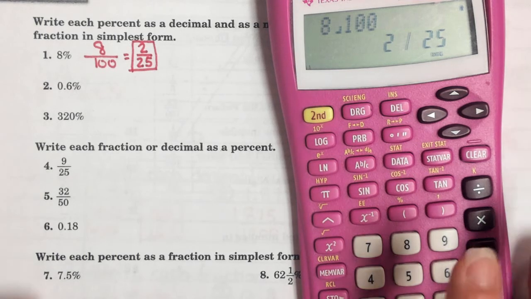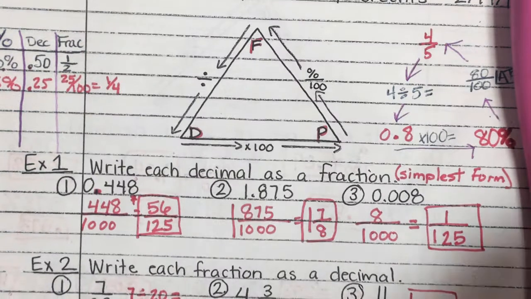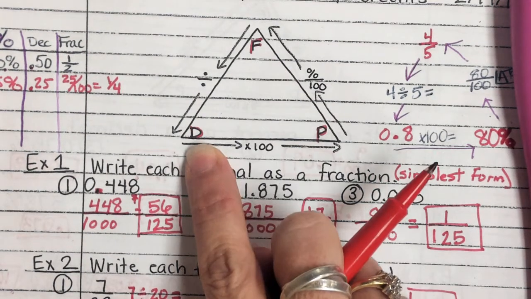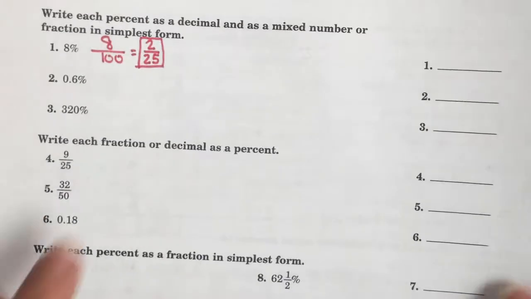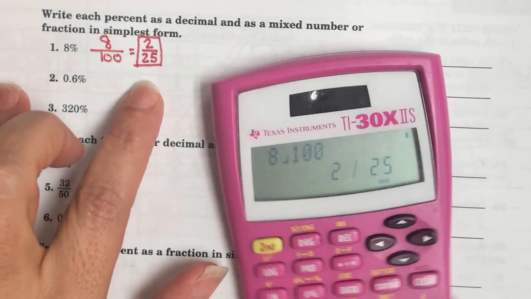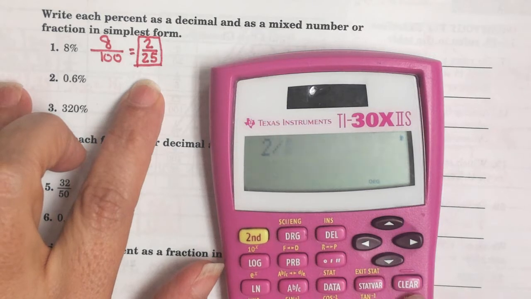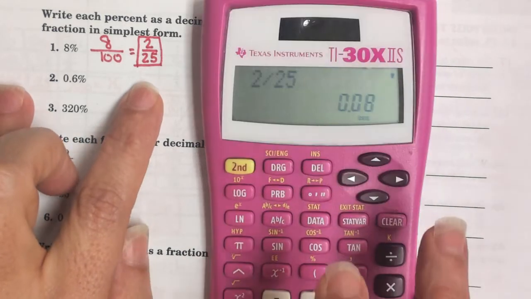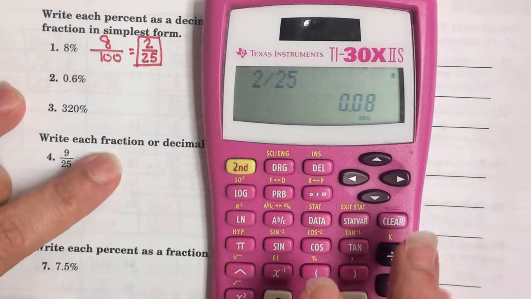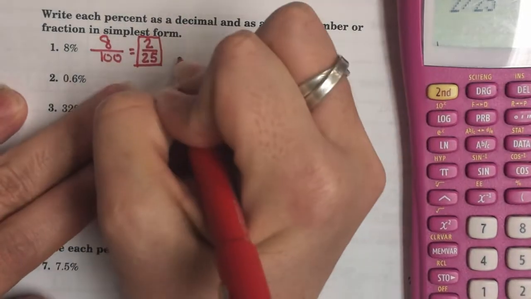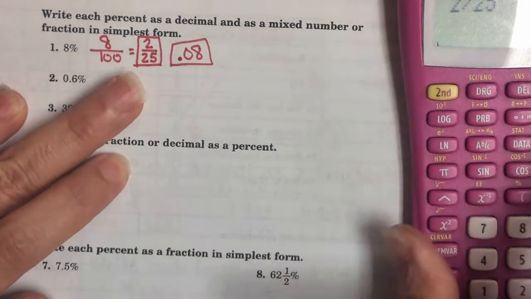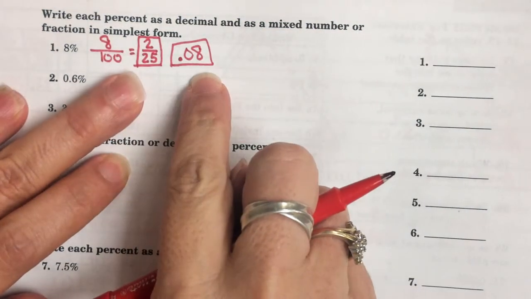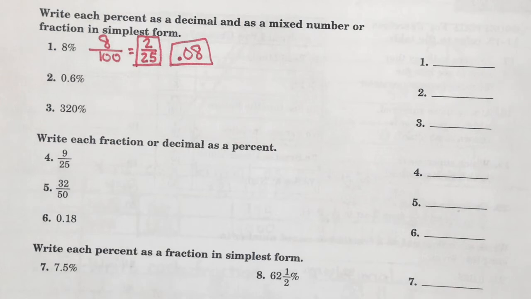So looking back at the triangle, if I have a fraction and I need a decimal, I can just divide. So, I can divide 2 divided by 25 equals, and I get 0.08. That is the decimal, 0.08. So, I have two answers, my fraction and my decimal. It doesn't matter if you give me the decimal first, it's just the way my brain kind of works.